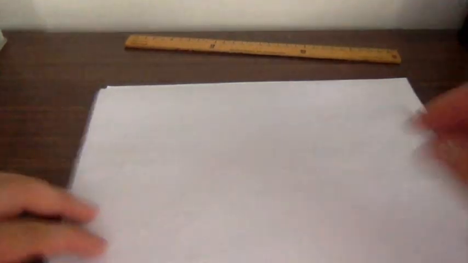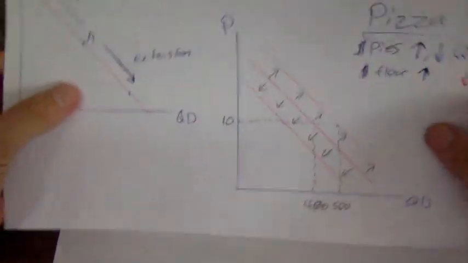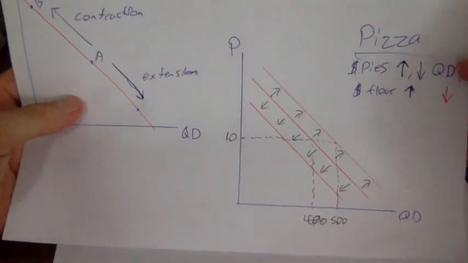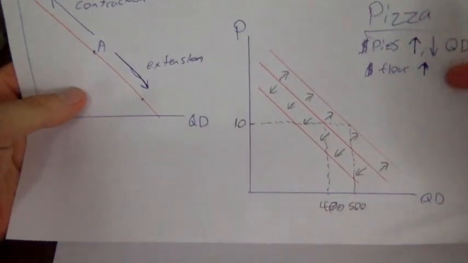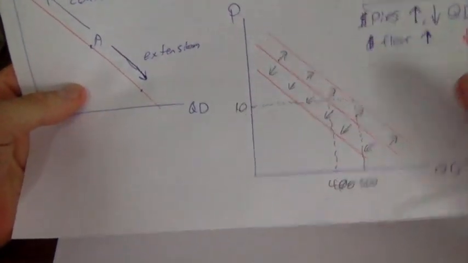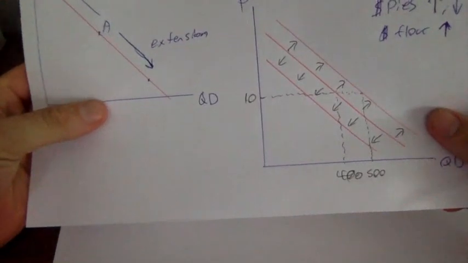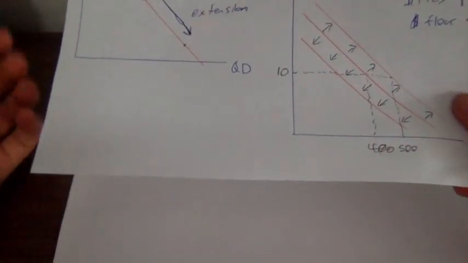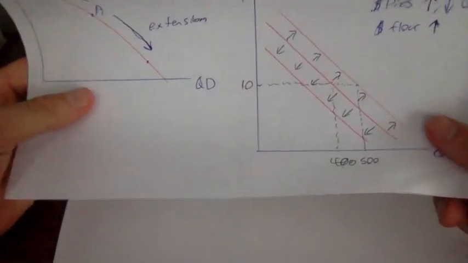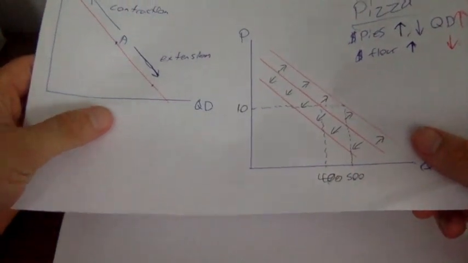So what we just went through was changes in the price of other goods, or changes in the price of things that go into our product, so the price of inputs, so raw materials.